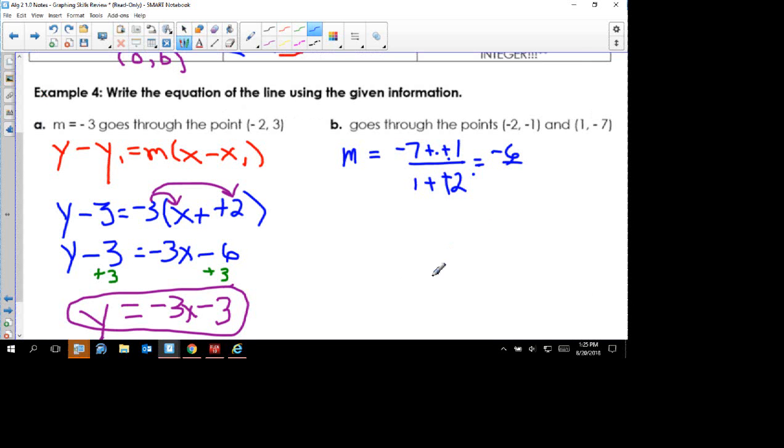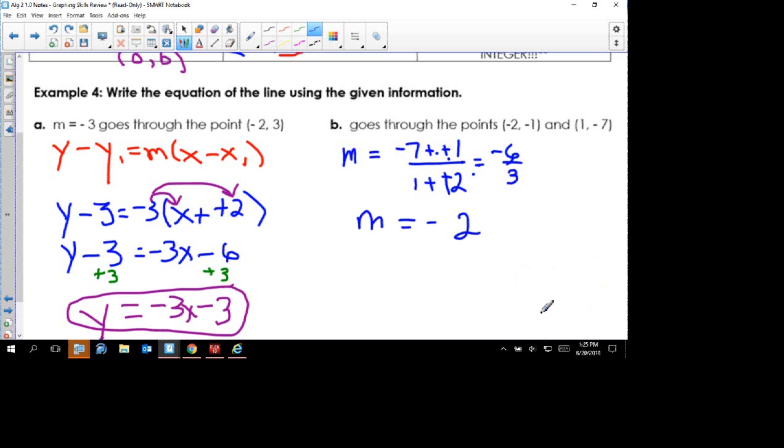Sorry, guys. Okay, I get negative 2 for my slope.